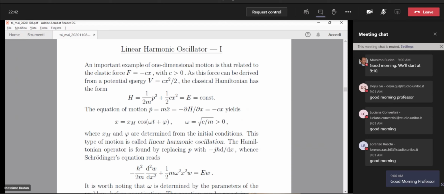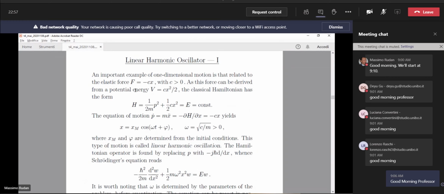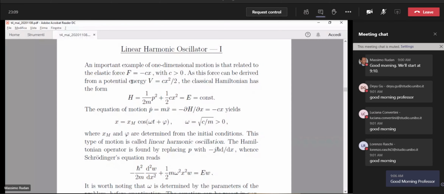If you take a region of space with no charges, in which we have the presence of the electromagnetic field, and we start from the Maxwell equations and we manipulate them, after some lengthy calculations we can reduce them to a set of equations that describe the so-called oscillation of the electromagnetic field.